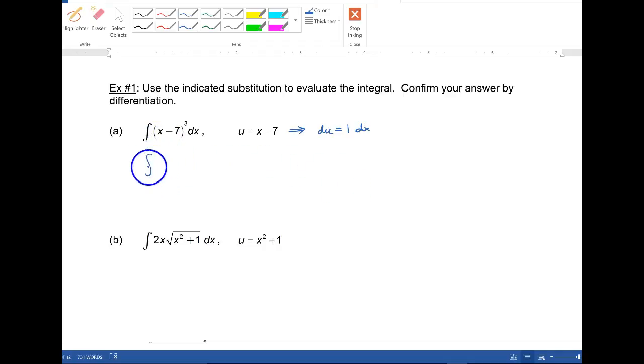So this becomes, instead of x minus 7, that's u to the 3rd power, and dx is equivalent to du, so I'm just going to put du. So we take the antiderivative, that's u to the 4th over 4 plus c. Now we're just going to replace u again. So we have (x minus 7) to the 4th over 4 plus c.